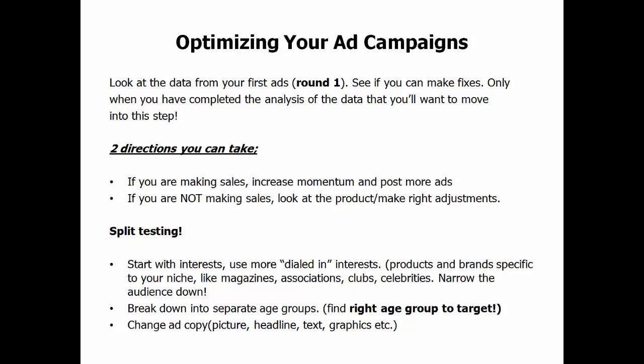Use products and brands that are specific to your niche, magazines, associations, clubs, B-list celebrities. Narrow your target audience down to these people. All those different categories of interests to target are buyer interests. They are audiences of people who buy products in that niche.